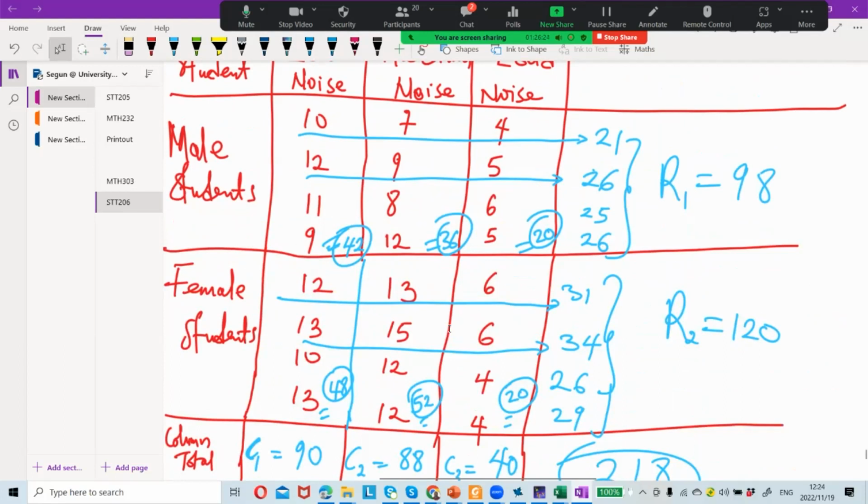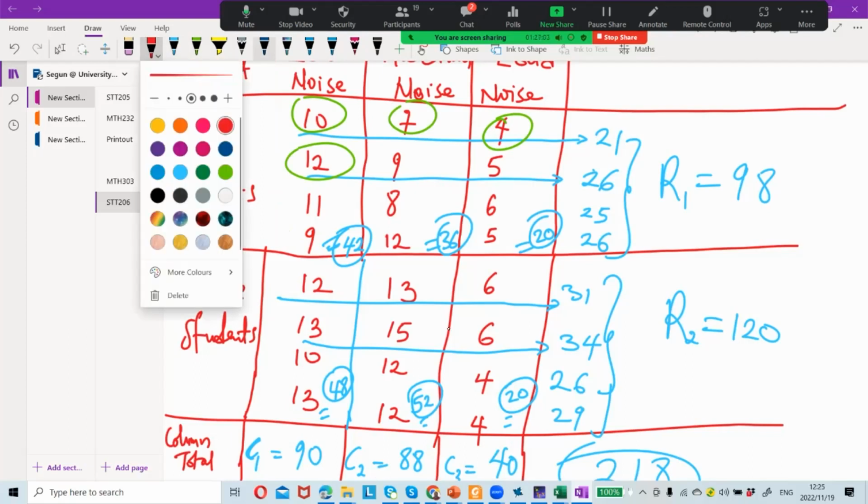Who can tell us the number of observations we have in this table? 3? No. Check it very well. 24. Because each of them that we are seeing here, we are observing them, right? These are the things that we observe. The number of our observations will determine the calculation.